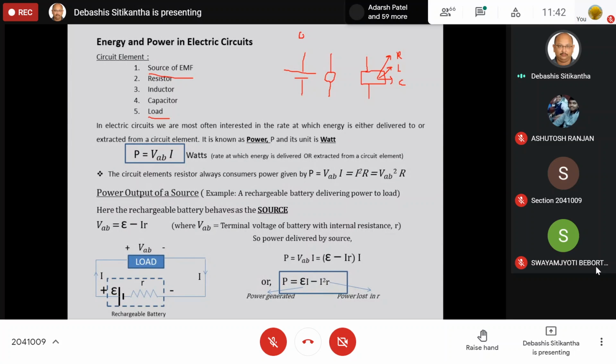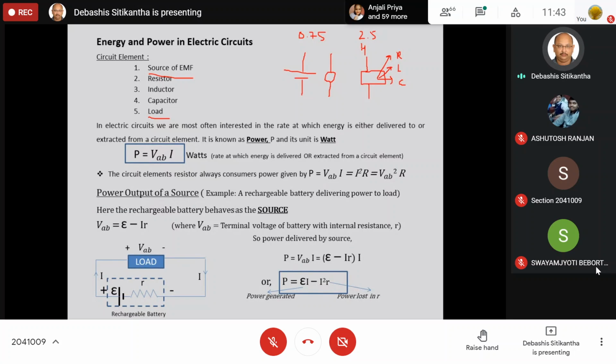Obviously, you will use a 0.75 mm wire. Similarly, if you are going to connect a 1.5 ton AC, then you will be using a wire with an area of 2.5 mm square or 4 mm square. That means depending on the consumption of power by the load, we have to design the circuit.